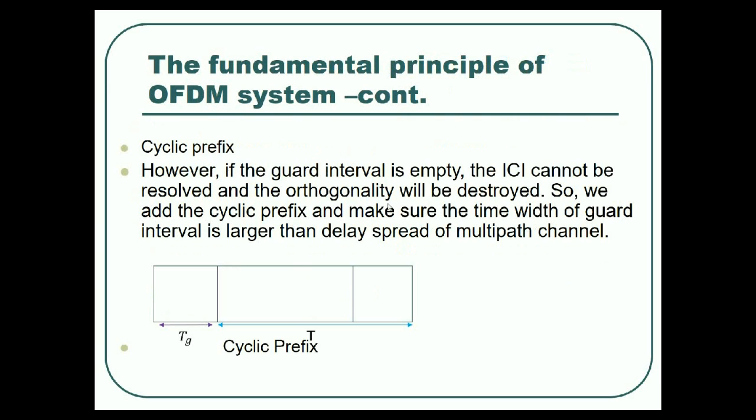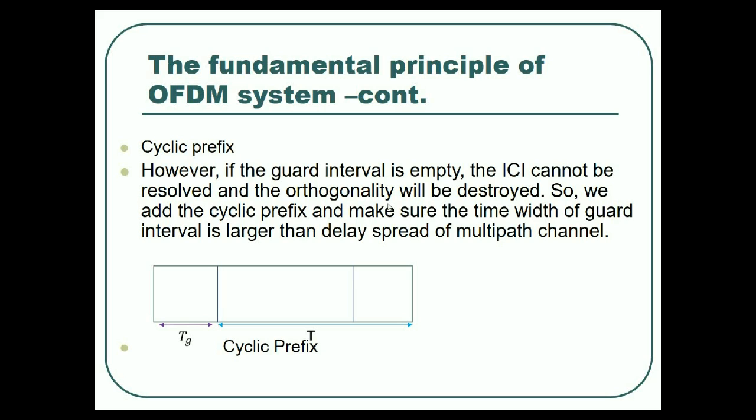But if the guard interval is empty, the ICI, which means inter-carrier interference, cannot be resolved, and the orthogonality will be destroyed. So we add the cyclic prefix and make sure the time width of the guard interval is larger than the delay spread of the multipath channel.